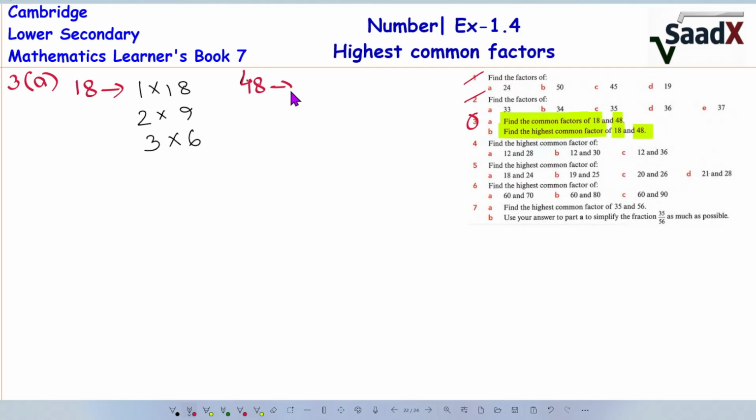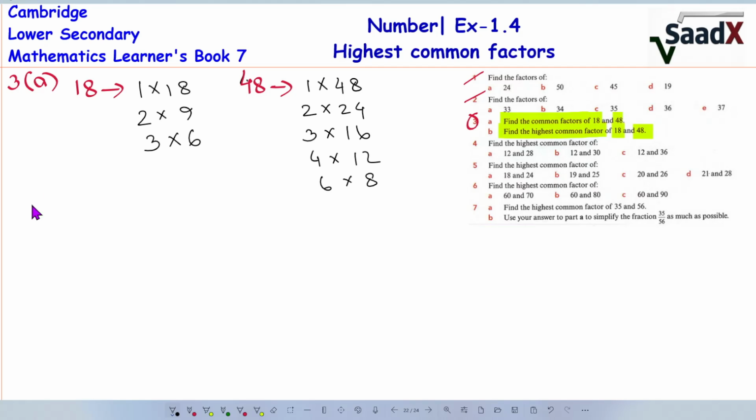48, we get 1 times 48, 2 times 24, 3 times 16, 4 times 12, 6 times 8, 7, 8 already done. So these are the factors of 48.